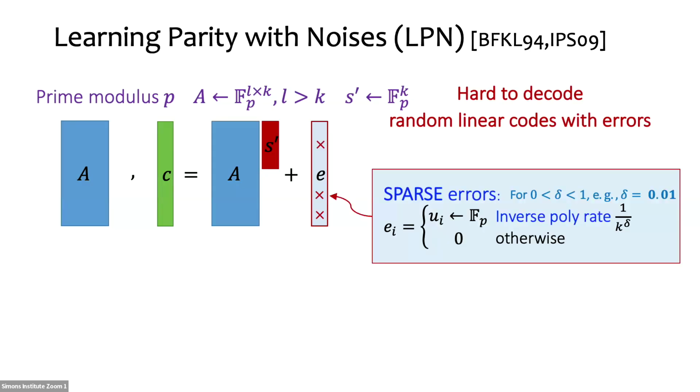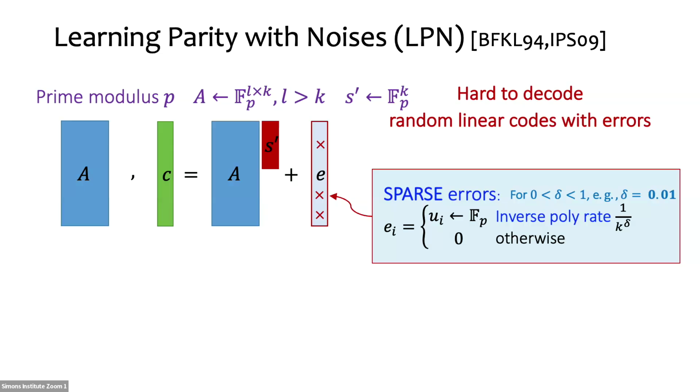Here the noise is sparse, where for the noise vector, each entry e_i is a Bernoulli noise, where with inverse polynomial probability, 1 over k to the delta, this entry is non-zero, and with most of the probability, it is 0. When it is non-zero, it is simply uniformly random over this large field Fp.